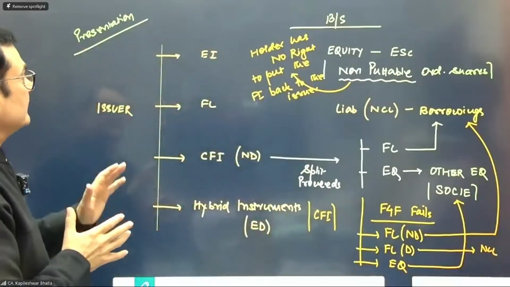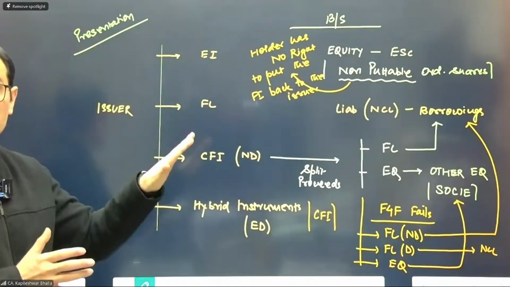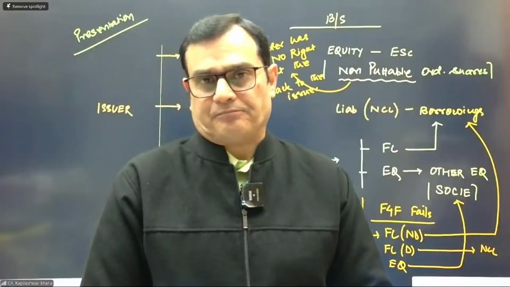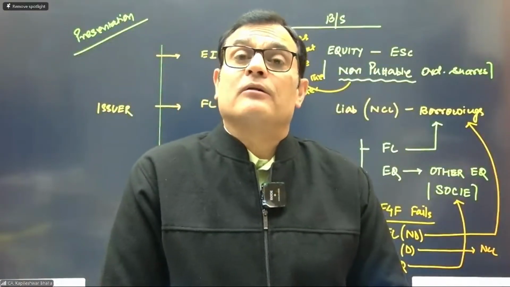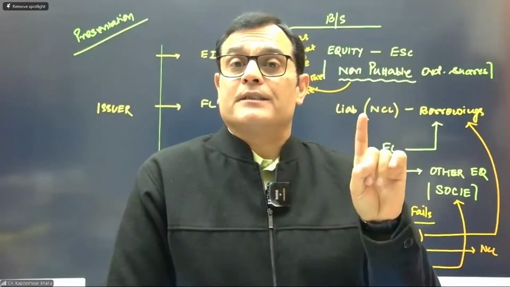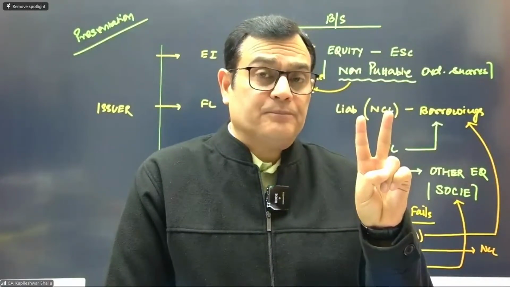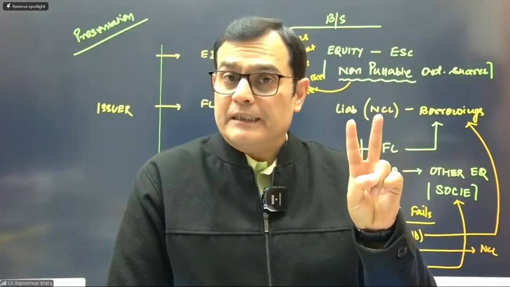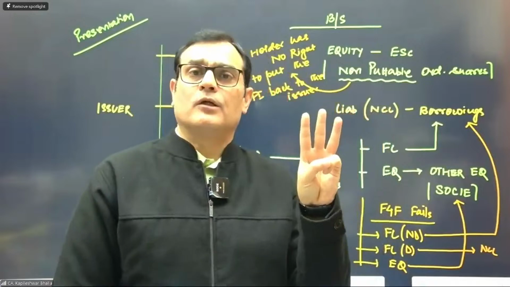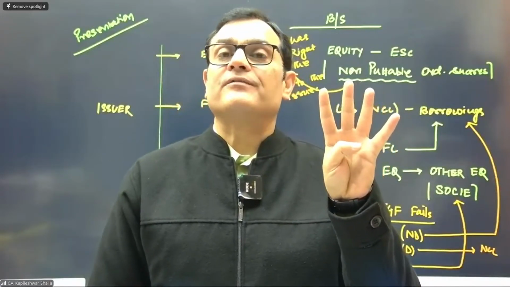My focus point is that when you're looking at the presentation of the instrument from the issuer perspective, there are going to be four kinds of instrument. Depending upon the three-step model which I have given you, the instrument gets classified either as a pure equity instrument, or as a pure financial liability, and they're all non-derivative in nature, or as a compound financial instrument, again non-derivative in nature, or it could be a hybrid instrument with a derivative embedded.